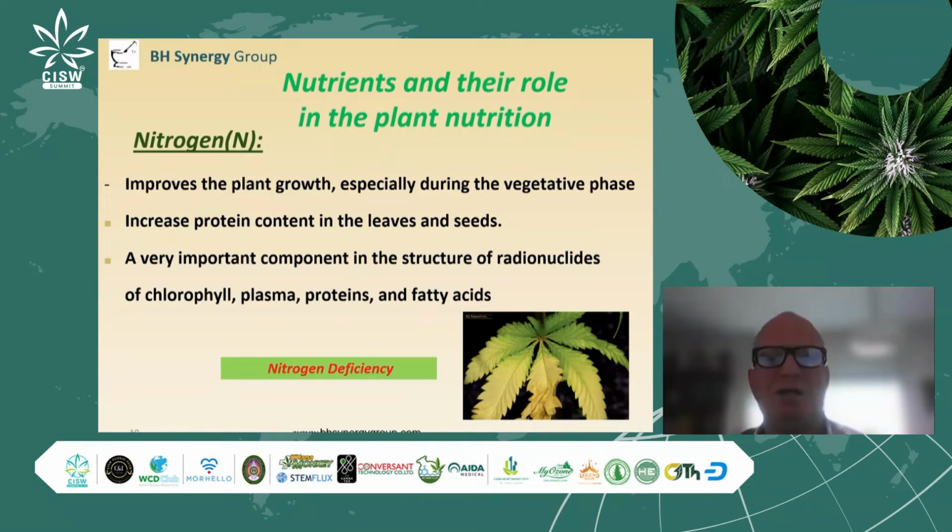Nitrogen is like 70% of our air. It's also in the soil. It's one of the main nutrients that the plant needs. Which form we take it in, we'll talk about later, but it improves uptake from the roots.